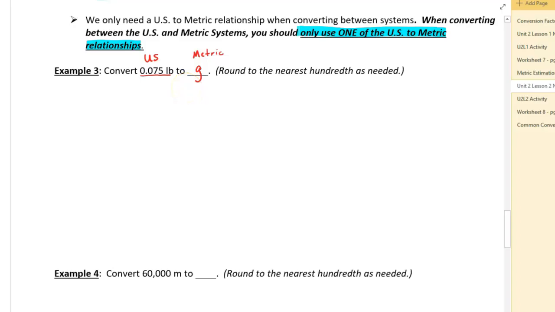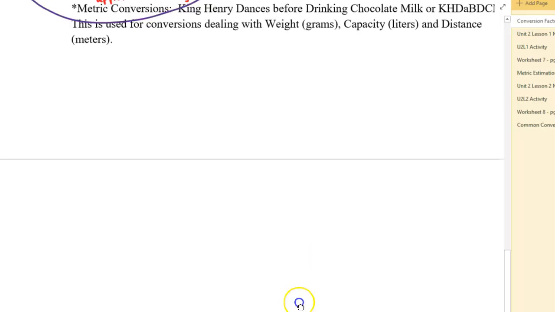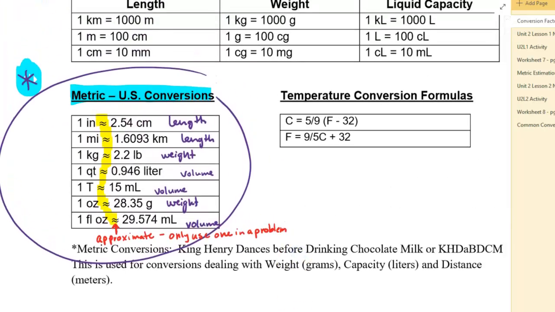All right, so what we want to do is we want to go to our chart and see what conversion factors, what we call these bridges, what bridges we have for these measurements of weight. And we have this one here, which goes from ounces to grams. So what we can do is take our pounds, we can convert them to ounces, and then go to grams.